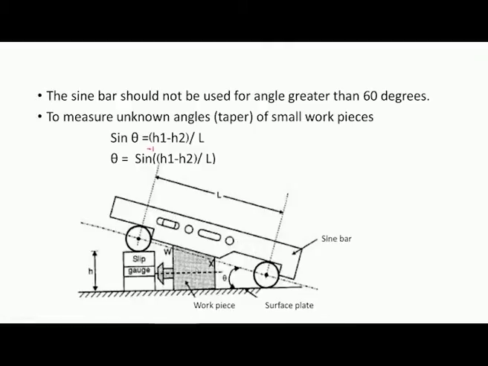bar over the workpiece. Now, you can see here one roller is in contact with the surface plate, and then the gap between the roller and the surface plate is filled with slip gauge, which indicates a height of h, and the distance between the centers of rollers is L. This is the length of sine bar.